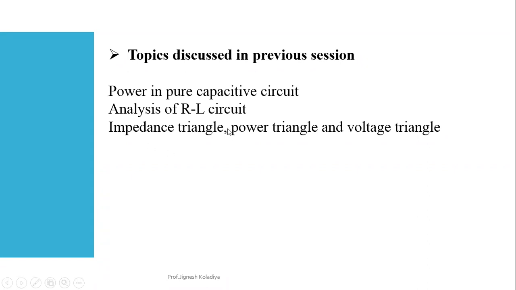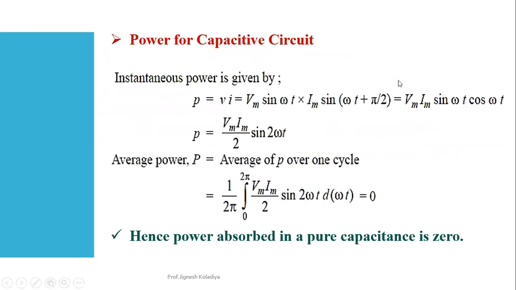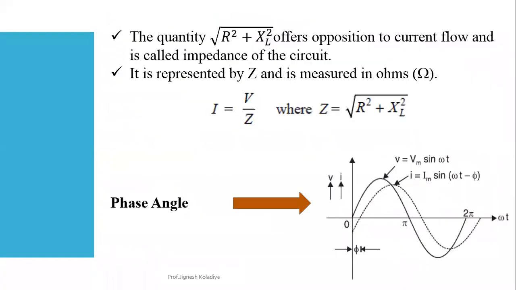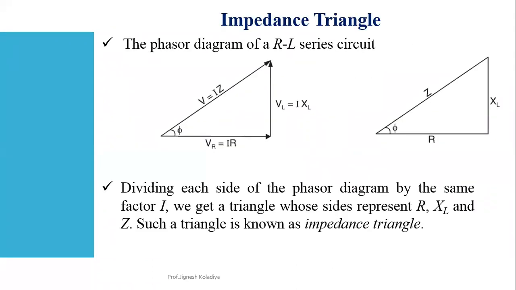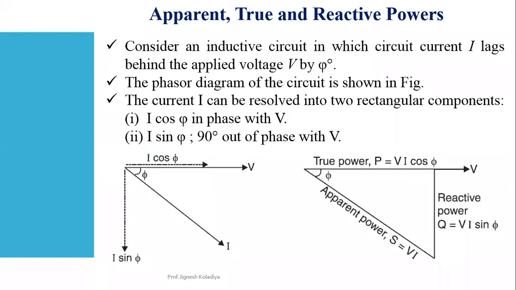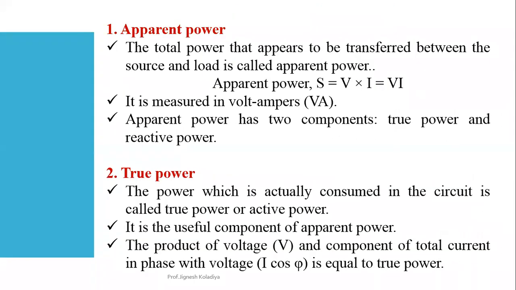Then after we saw the impedance, power and voltage triangle, does anyone know the different types of power? Which three powers are there? So we have these three powers: apparent, reactive and active.